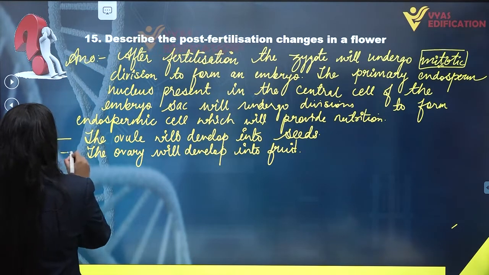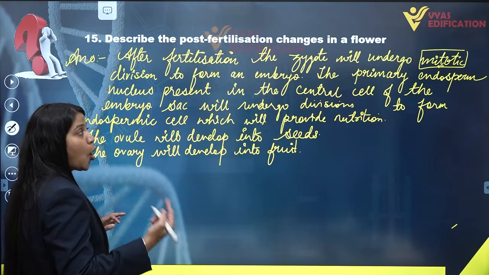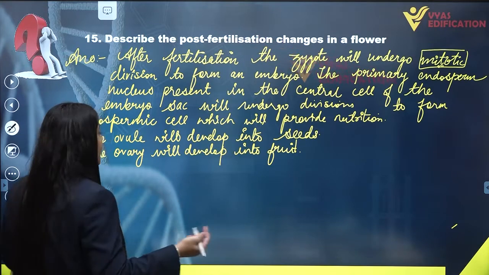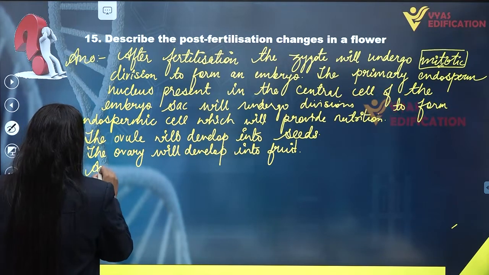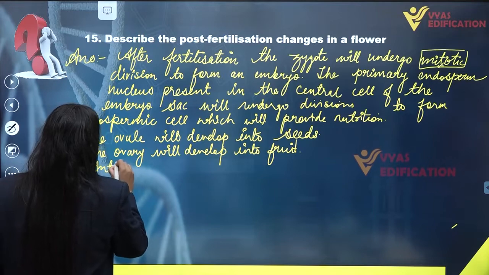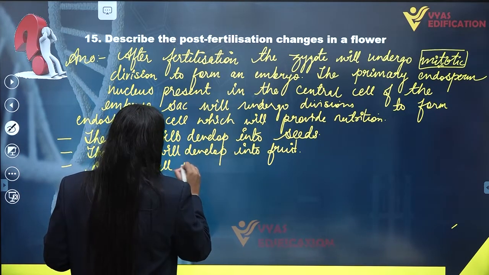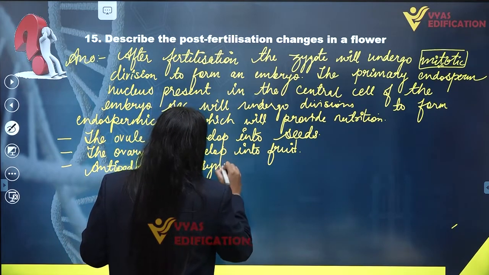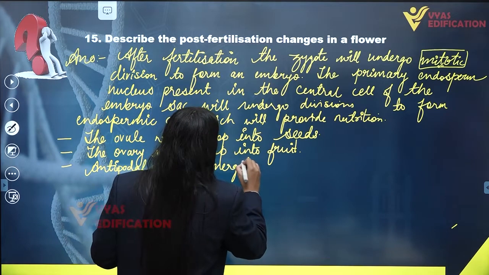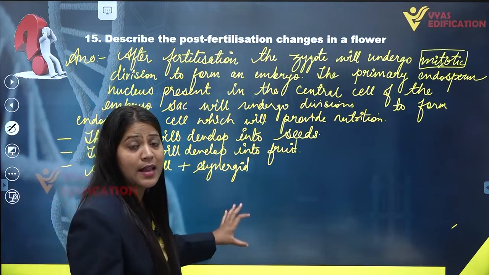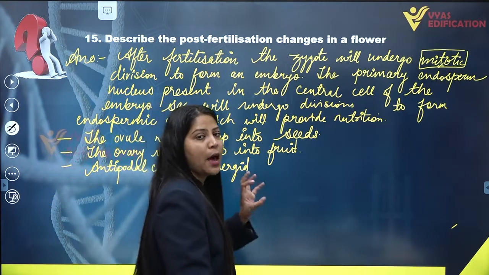Now, the next change we can observe after the fertilization in a flowering plant, that is antipodal cells and synergid cells. I hope you all remember where the synergid cells and antipodal cells are present in the embryo sac.